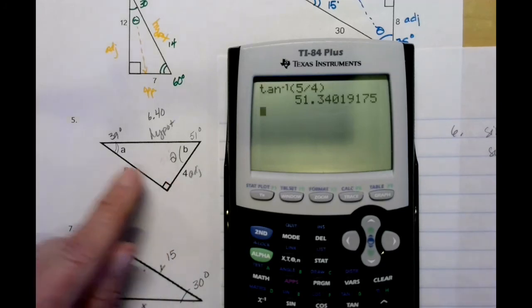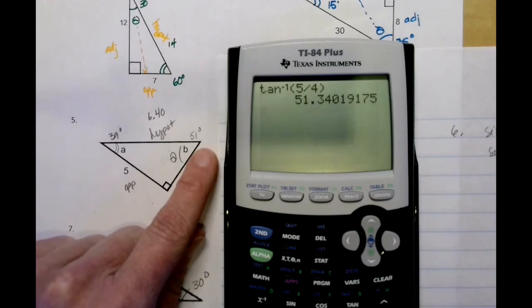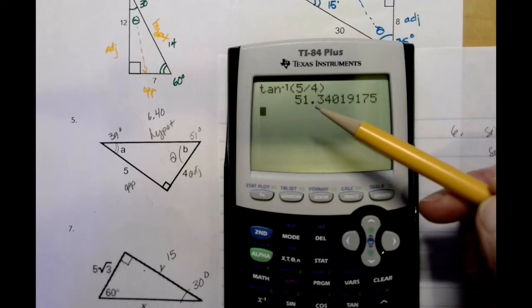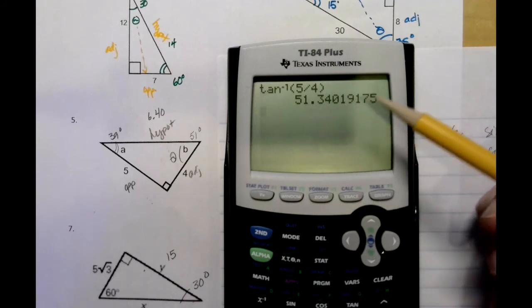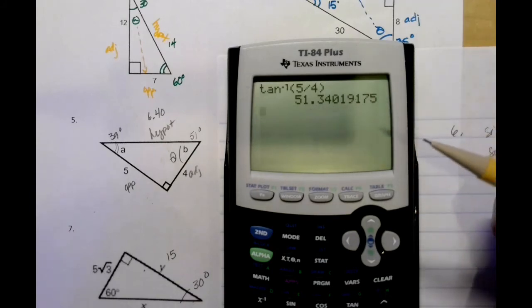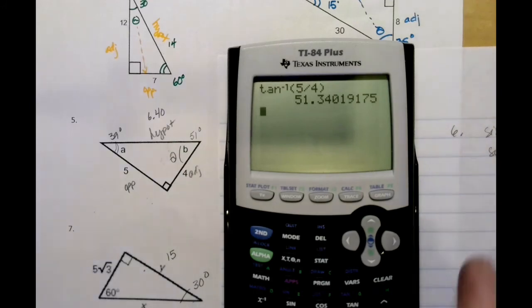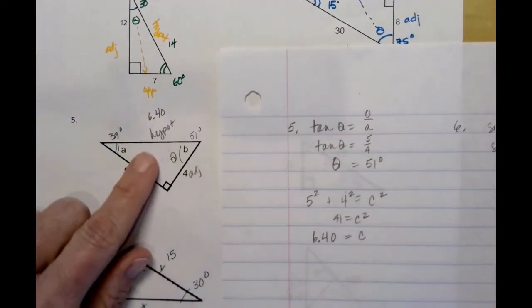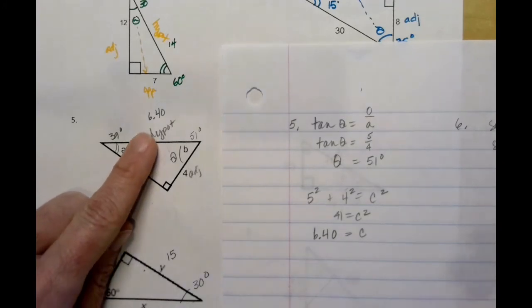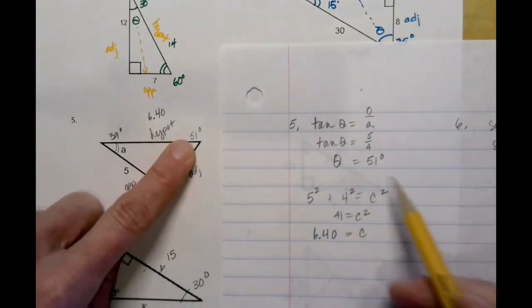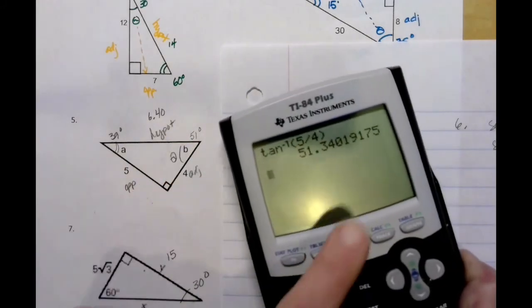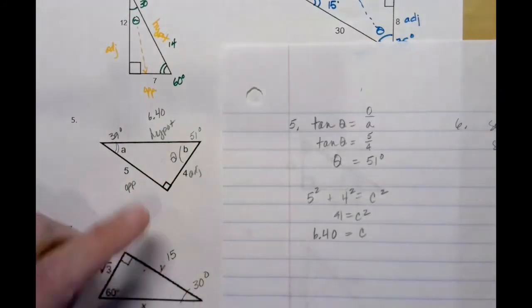And I got a 51.3 degree angle. Now what ends up happening here is when you round, you introduce a margin of error. So if you're concerned about the level of accuracy, there's going to be some leeway in our answers. So when I have a 51-ish degree angle, I've rounded and lost this accuracy of 34/100ths.